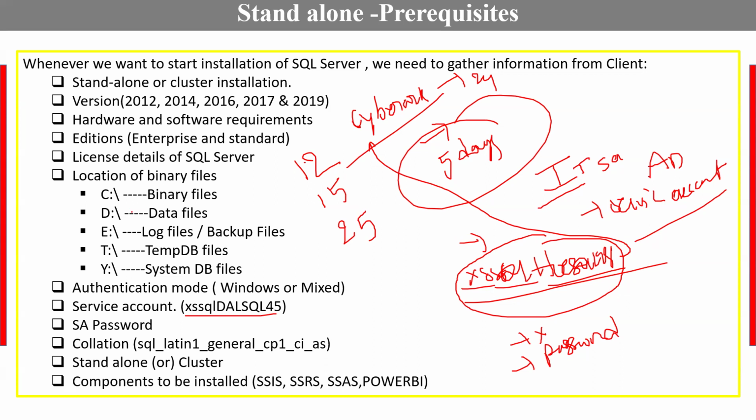Got it, Subbu. Can I ask two questions here regarding service requests? First, when we are creating a service request, can we use a single service request for multiple instances? In my organization, we have two separate service accounts, one for the DB engine and one for the agent.